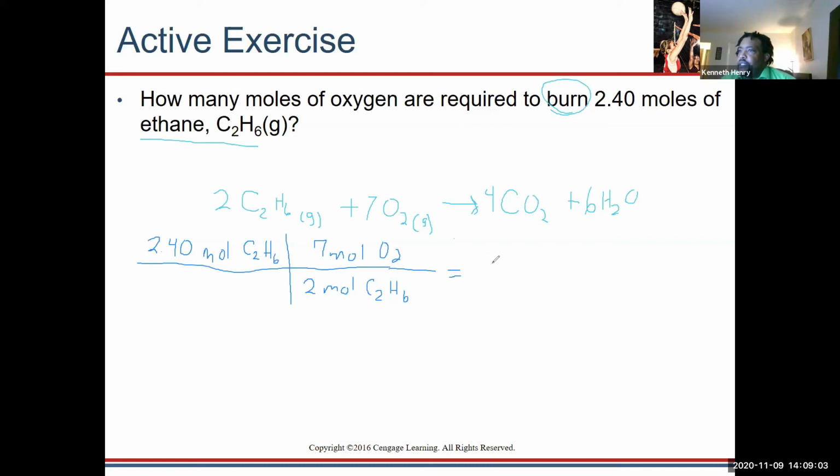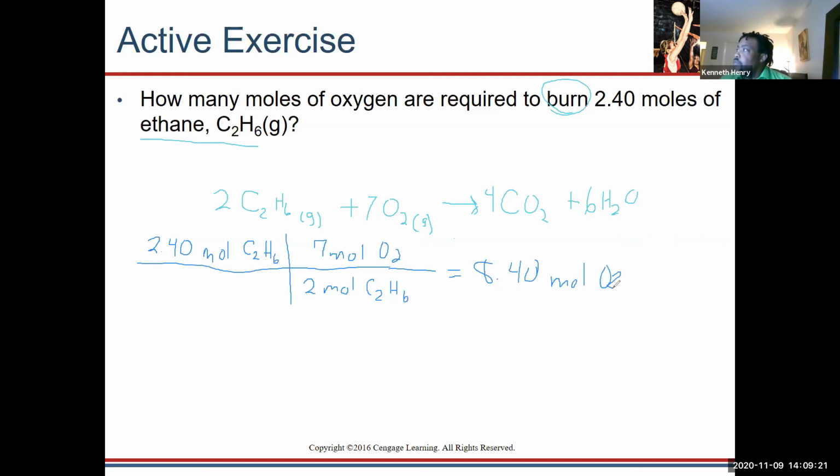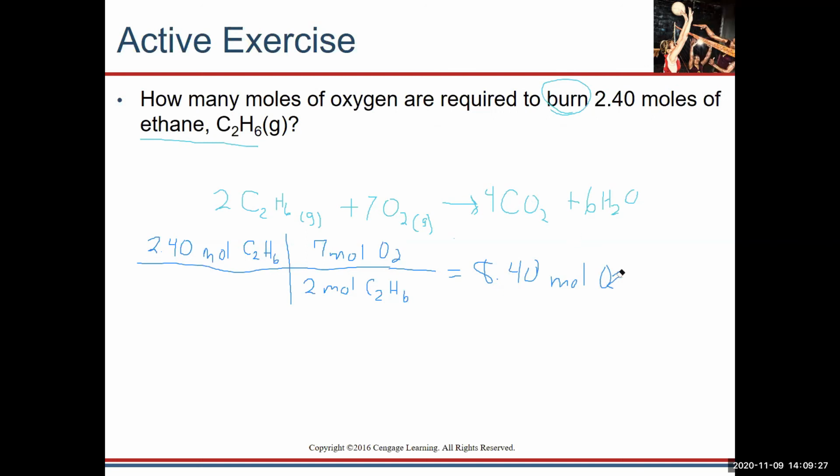Okay, what do you get? 8.4 moles of O2. Even though in my calculation I got just 8.4, I know the sig figs is 3.